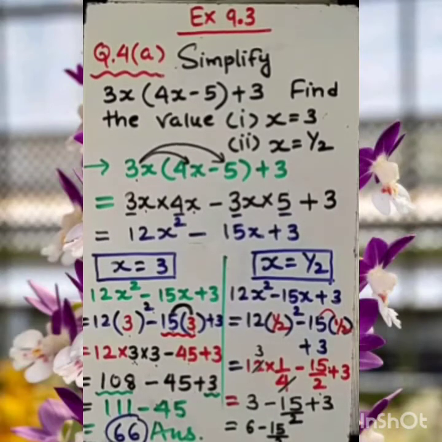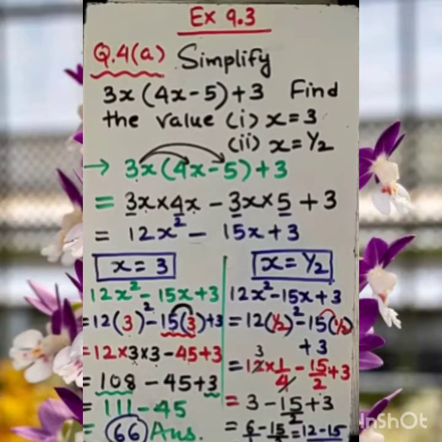So how to simplify this? We need to take the LCM. So we write 6 as 6 divided by 1. The LCM of 1 and 2 will be 2. So here we need to multiply with 2, and here with 1. So the LCM will be 2. 6 times 2 is 12, 12 minus 15 upon 2.